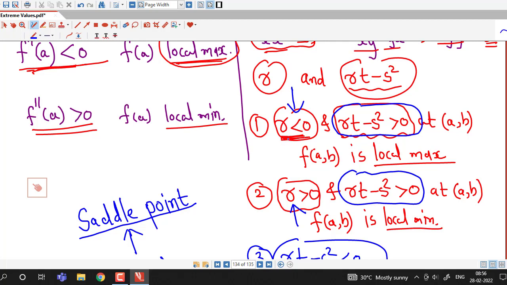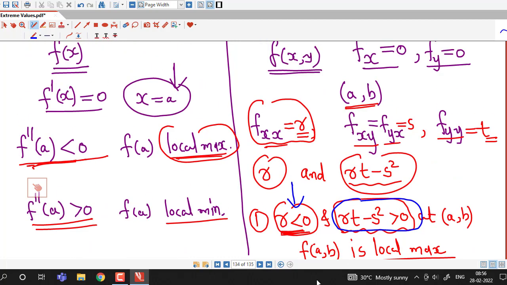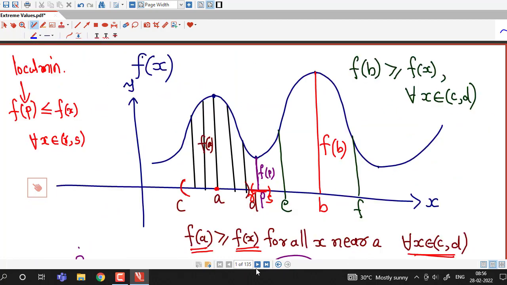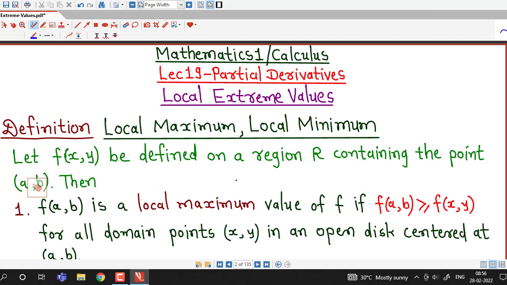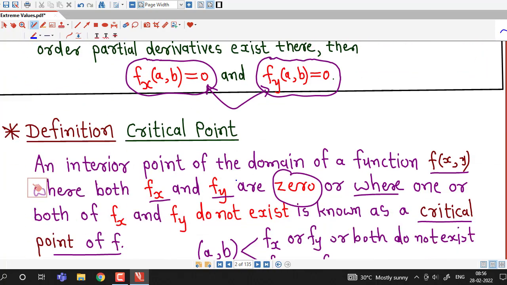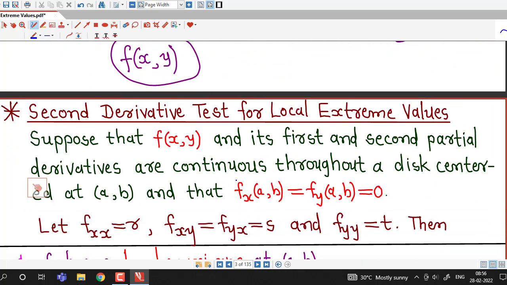If second order derivative with respect to x is negative, f of AB is local maximum. If it is positive, f of AB is local minimum. So we will keep in mind all these things. In upcoming lectures, we will discuss problems on this local maximum and local minimum values.